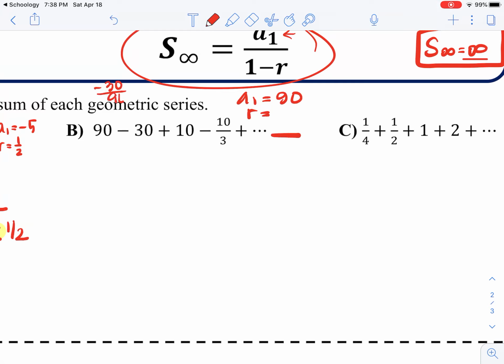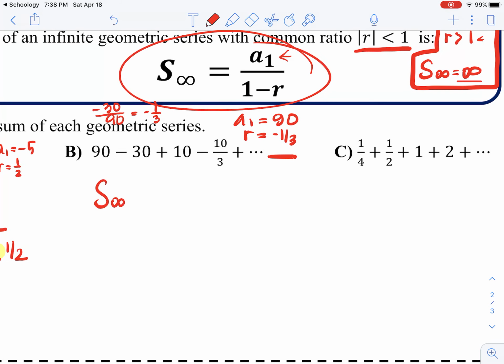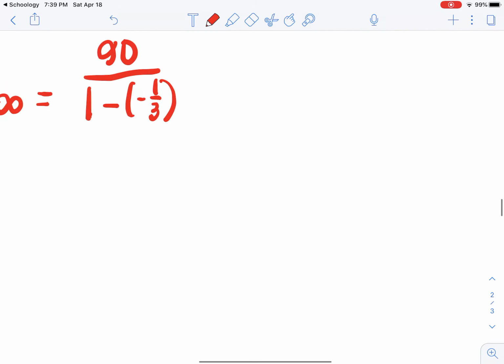So r is negative 1/3, which is in between negative 1 and 1, so I can use my sum formula for an infinite series. The sum is equal to your first term, 90, divided by 1 minus negative 1/3. No exponent here, so I can distribute that negative.